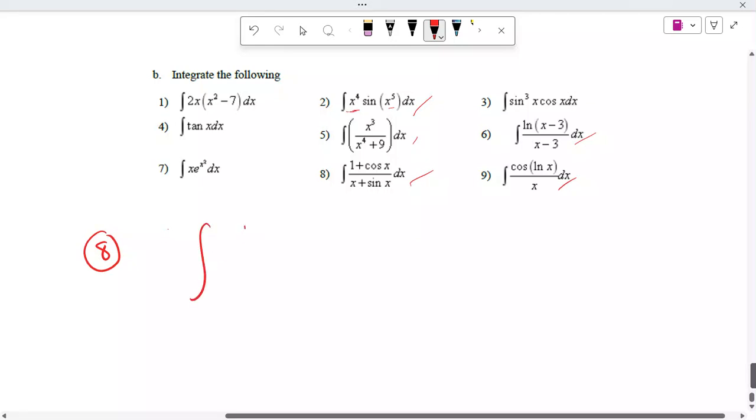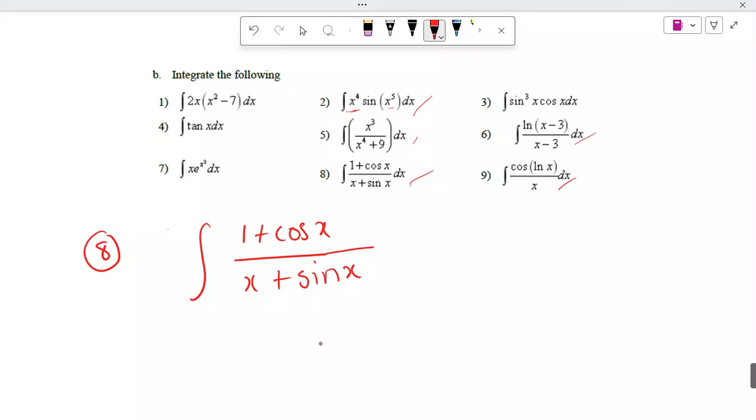Part 8 is integrate 1 plus cos x over x plus sine x dx.